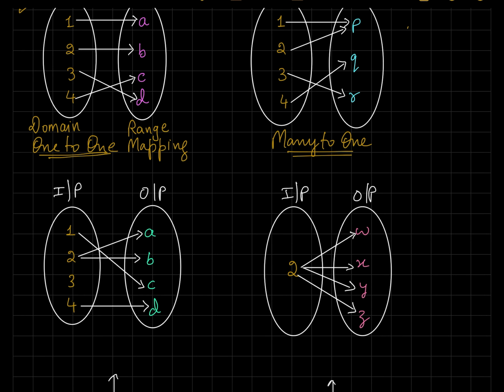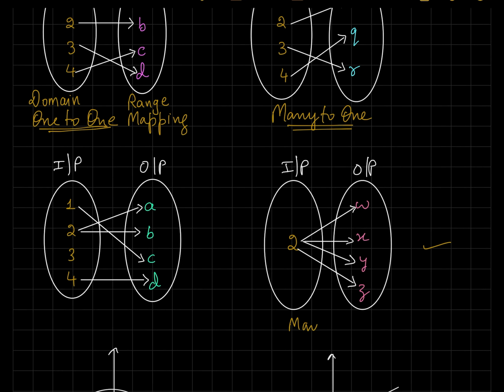Let us see this case. Here it is one to many. If you give 2 as input, you will get many outputs: w, x, y, z. So this is a one to many mapping, and it is not a function.